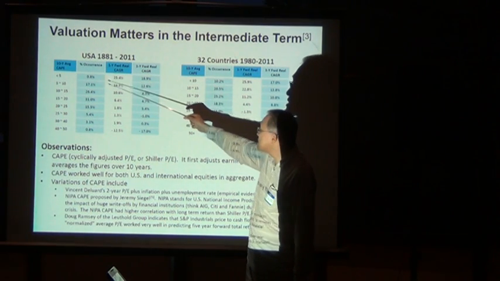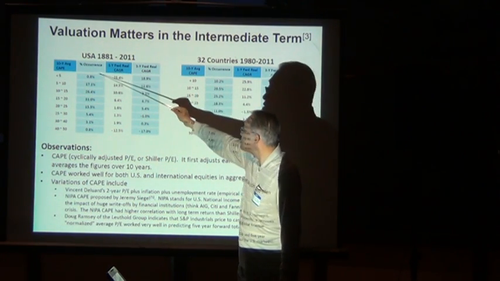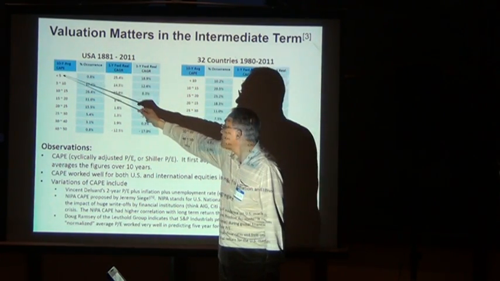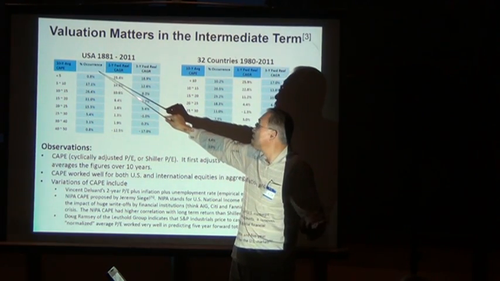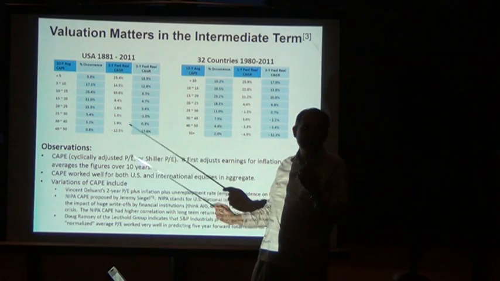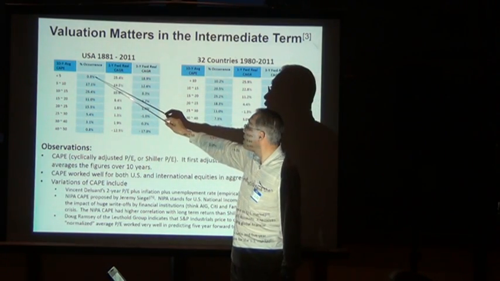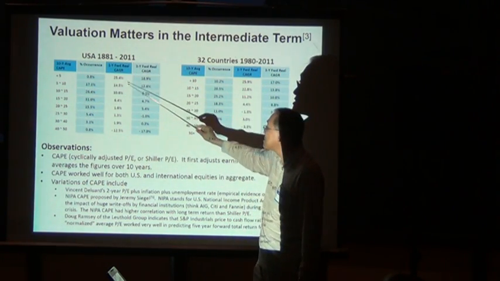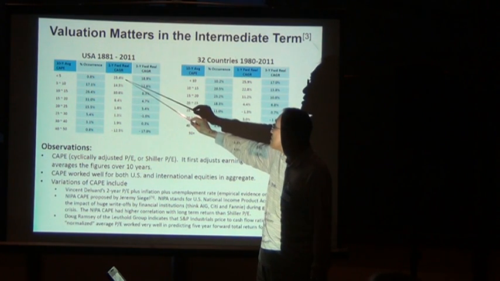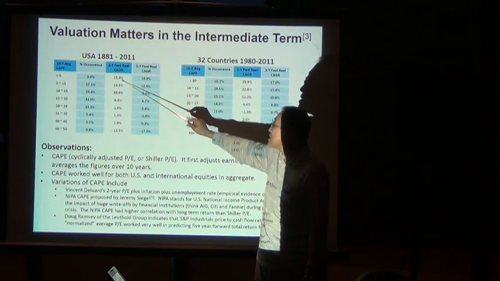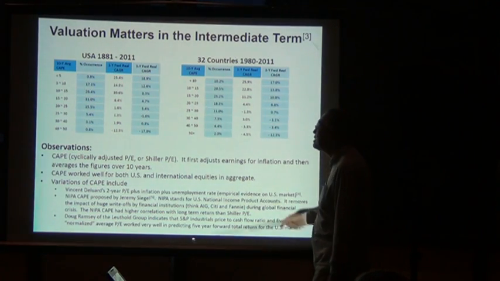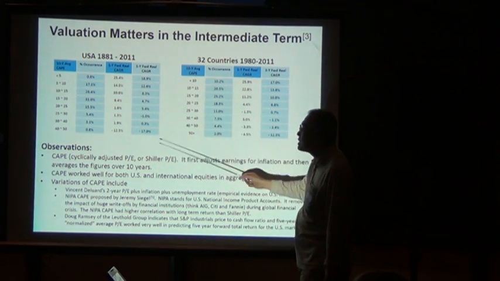So you can see that the CAPE, if it started less than 5, essentially only 1 year that happened, one out of 120 something years. Okay, the annual 1 year forward real compound annual growth rate is 25.4%. 3 year is 18.9.